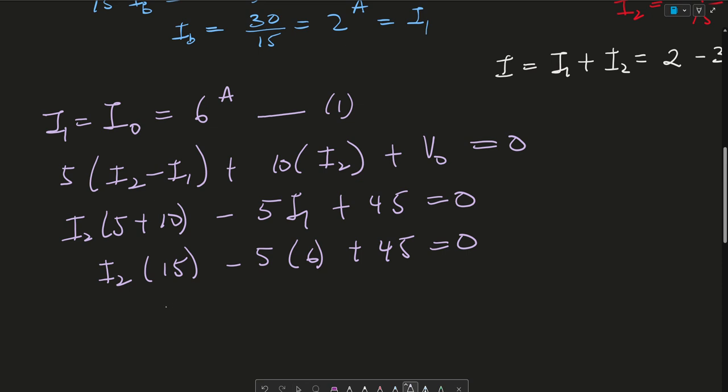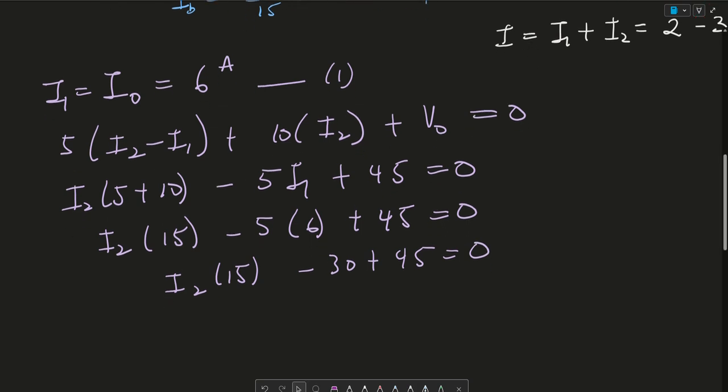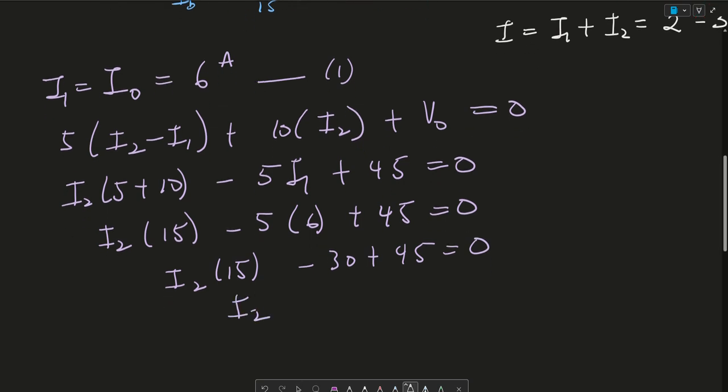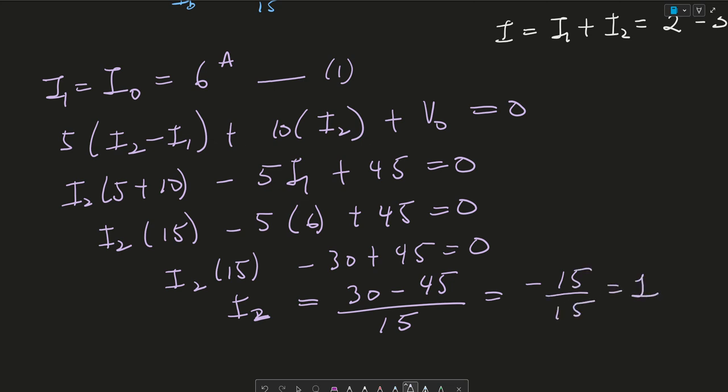This ends up being I2 times 15 minus 30 plus 45 is equal to 0. Or I2 is equal to 30 minus 45 divided by 15, which is equal to negative 15 divided by 15, which is equal to 1.